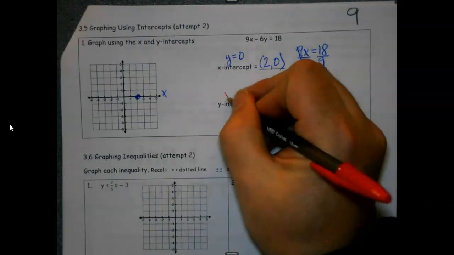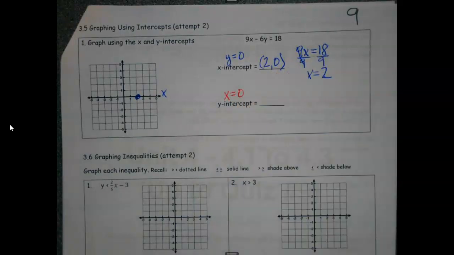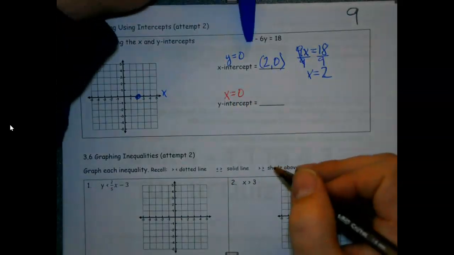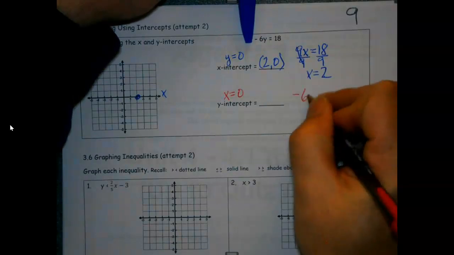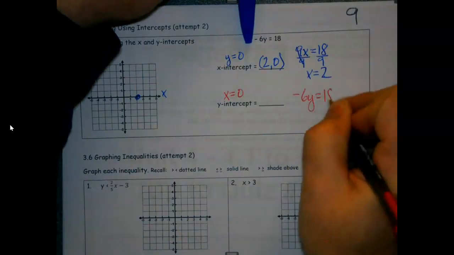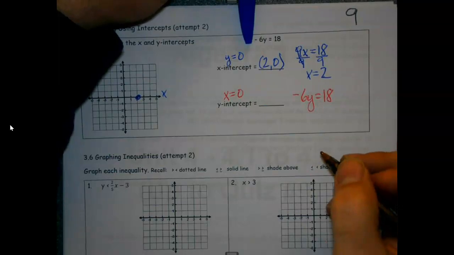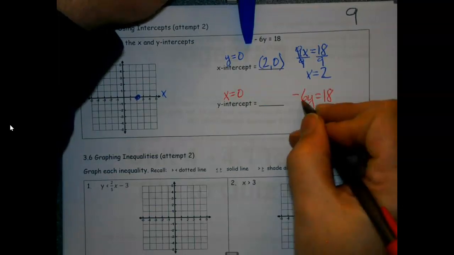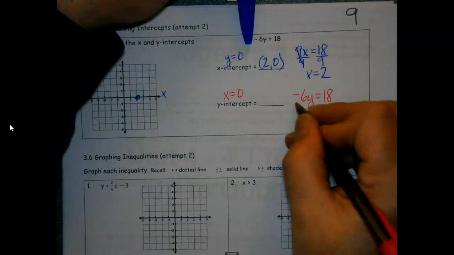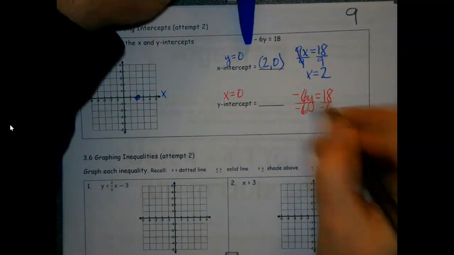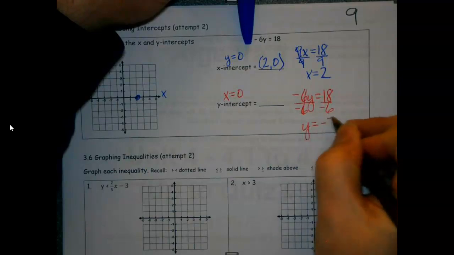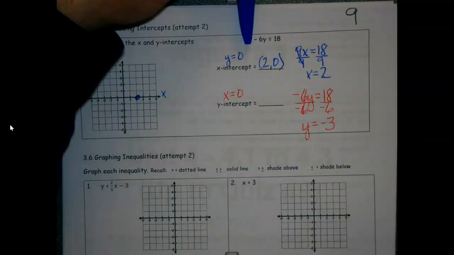Then for the y-intercept, that occurs when x equals 0. So we cover up the x part because it kind of disappears. And we take the y term. We set it equal to 18. And we're not going to add 6 because the opposite of multiply is to divide. And I get my y value.